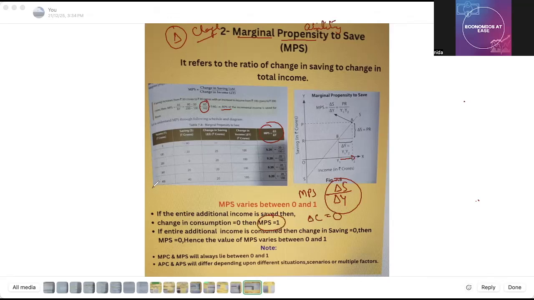For example, अगर मैं यहाँ पे example दूं कि MPS marginal propensity to save is equals to 1, तो suppose एक person की income increase करी आपकी, this one income increases to 1000.